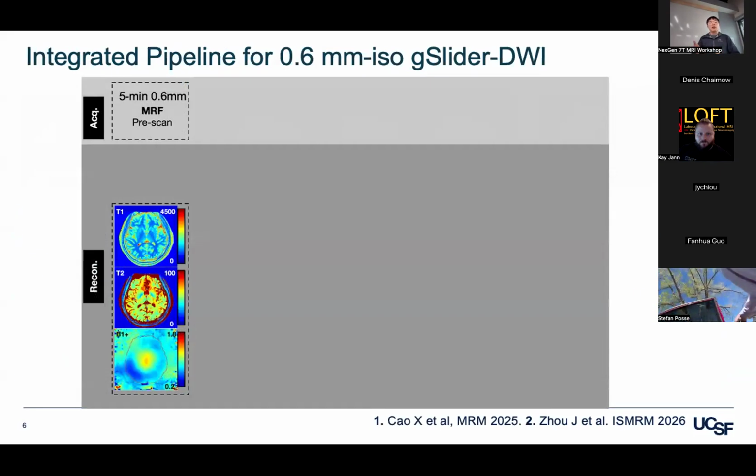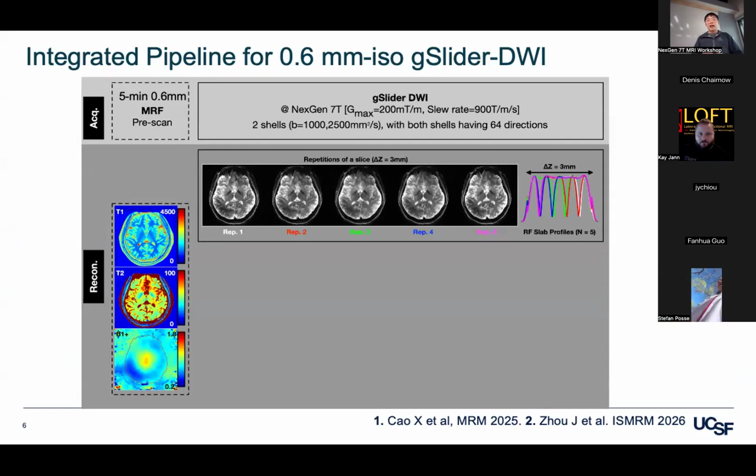Here is our acquisition and reconstruction pipeline for 0.6 millimeter isotropic gSlider DWI. We start with a 5 minute MR fingerprinting pre-scan, which provides 0.6 millimeter quantitative T1, T2, and B1 information. Then we acquire gSlider data with 2 shells, b equal to 1000 and 2500, with 64 diffusion directions for each shell.